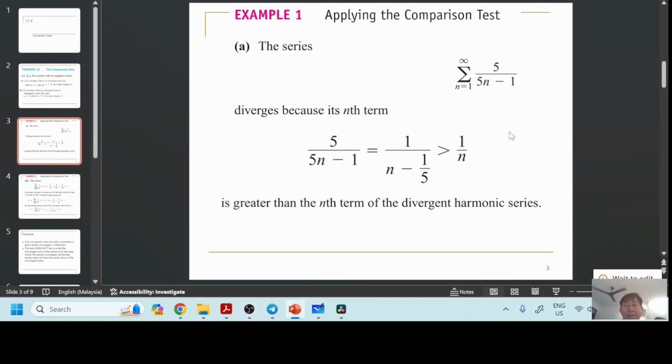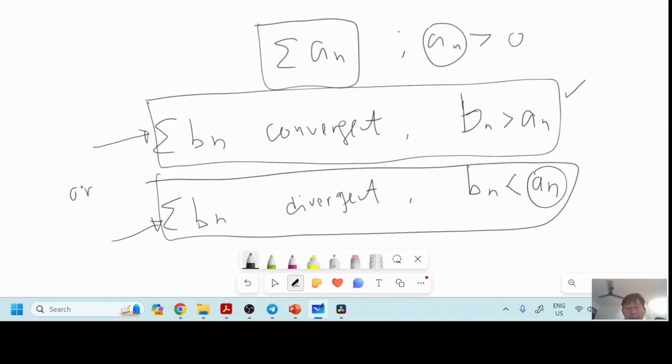In example 1a, we have shown the existence of a harmonic series which is divergent and yet is term by term smaller than the corresponding term An in the series we want to check for its convergence. In this case, the existence of a divergent series that fulfills this condition here means the series An is divergent.